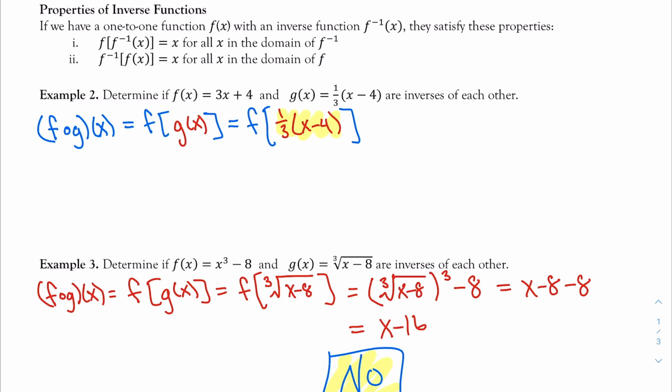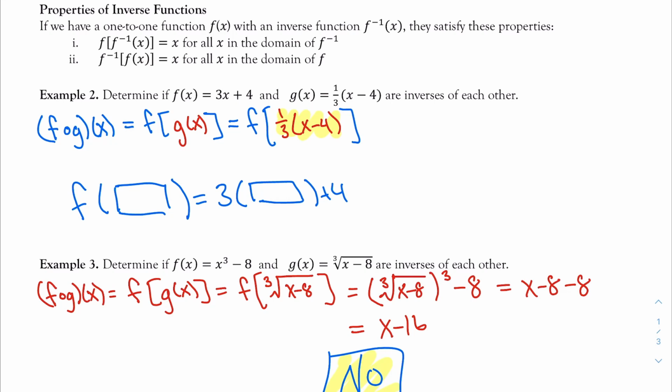do I get x? As a reminder, we always have this helpful notation where if I want f of x, I can always imagine it as f of a blank. In this case it is equal to 3 times that blank plus 4. So in this case, I want f of 1/3 x minus 4. That means this is equal to 3 times (1/3 x minus 4), being very careful with my parentheses, plus 4.